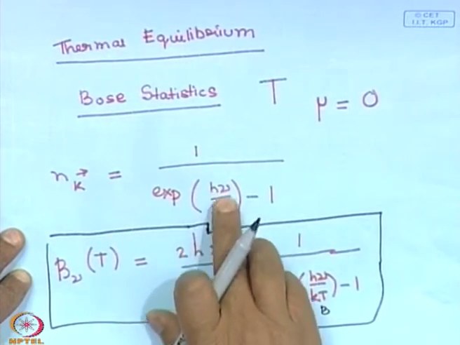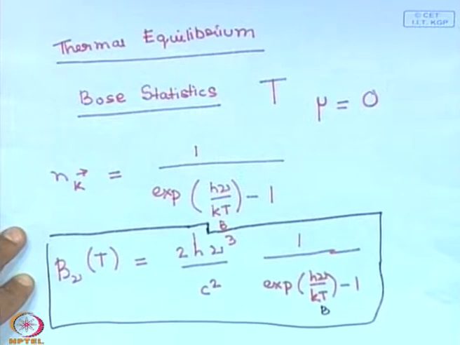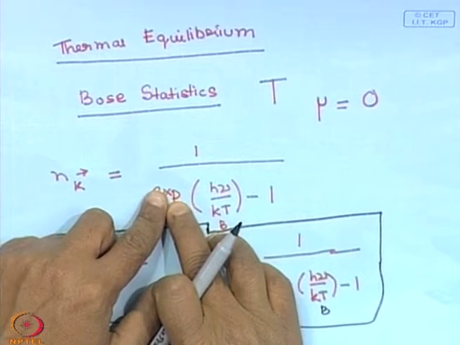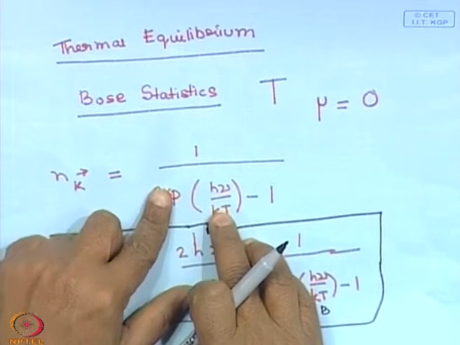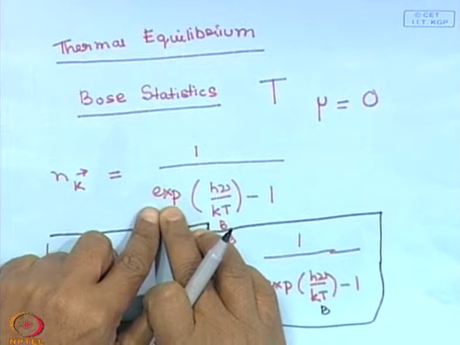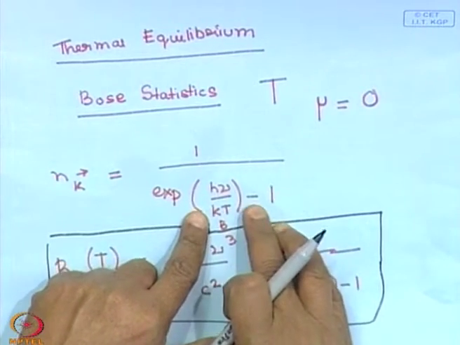So, if h nu by k T is much smaller than 1, then we can expand this in a Taylor series, and this will become 1 plus h nu by k T minus 1. So, the 1 cancels out.